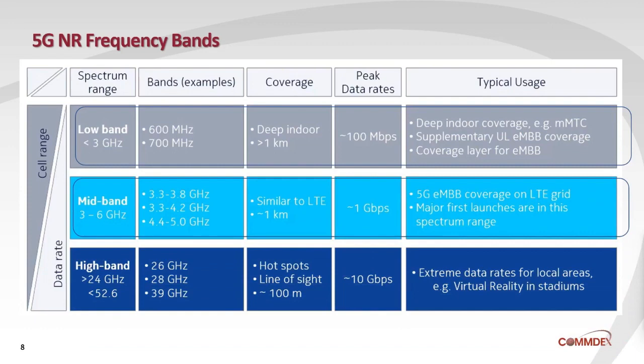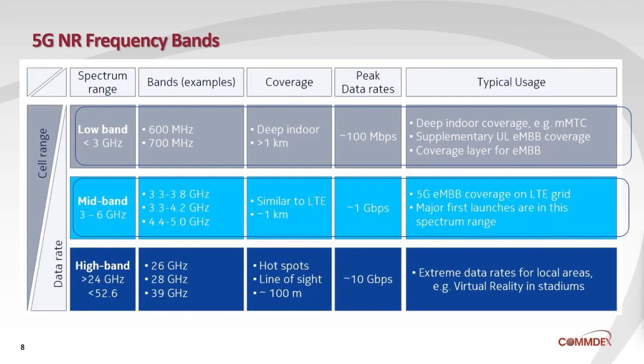Mid-band runs typically between 3 GHz and 6 GHz. Mid-band frequencies strike a balance between coverage and capacity. They offer a compromise between coverage area and data speeds, providing a good combination of both.